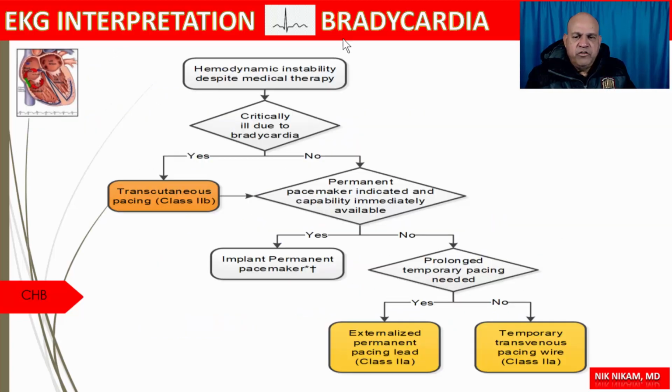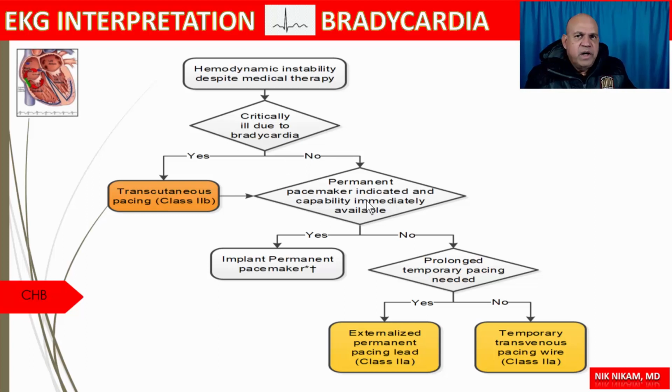If we are dealing with a symptomatic bradycardia patient who is hemodynamically unstable, and if this patient has significant bradycardia, if a transcutaneous pacemaker is available, then we should consider transcutaneous pacing after having tried the drugs we talked about for symptomatic bradycardia.